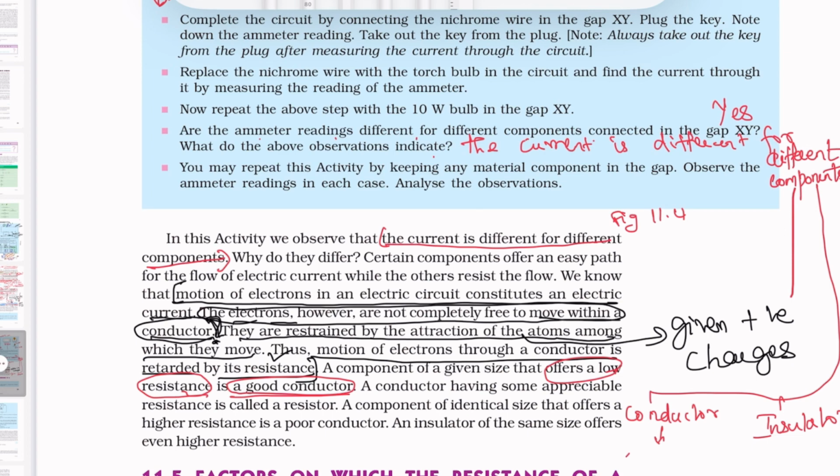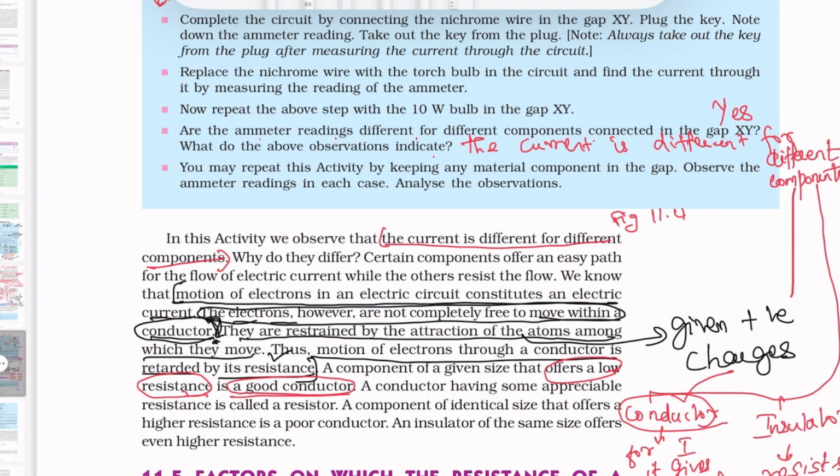It gives an easy path for current. The insulator resists the flow of current. For the same reason, we use conductors in the circuit. That is the reason we use a metallic wire, for example a copper wire.